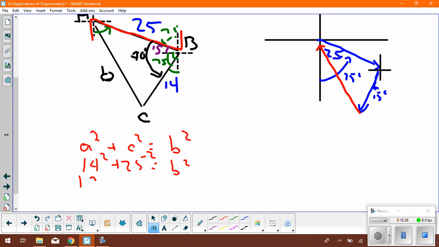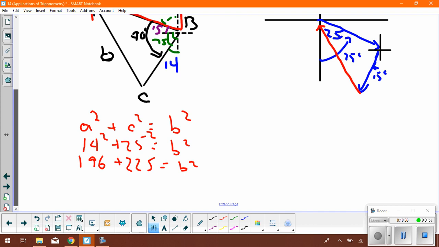196 plus 225 is B squared. 421 is B squared, which means side B is about 20.5. That's not right.